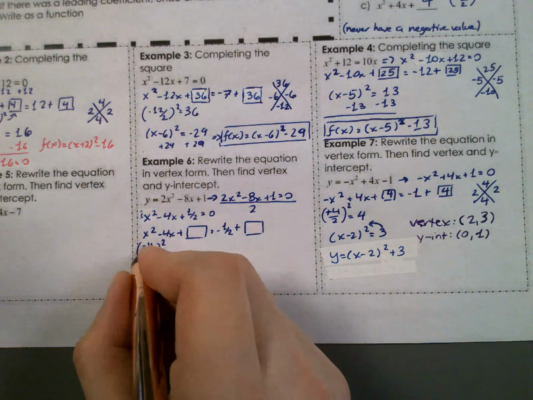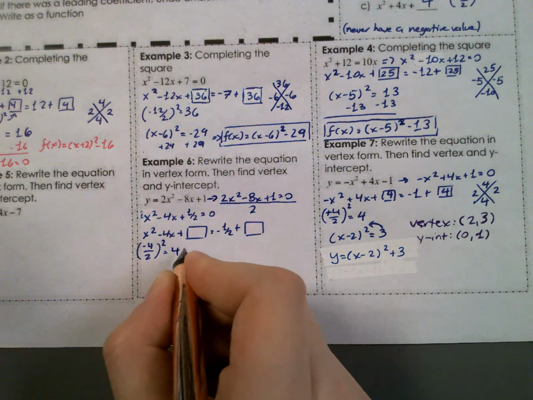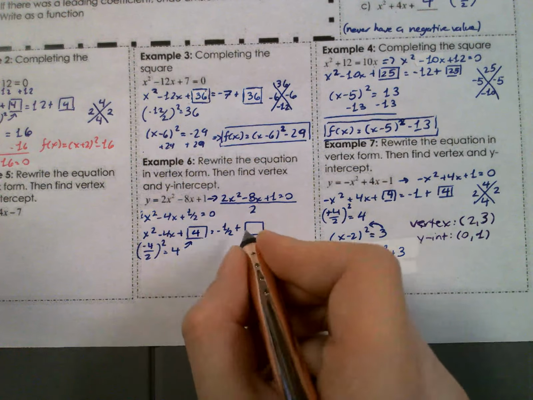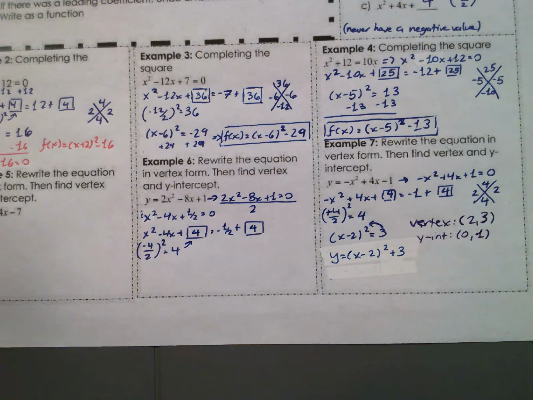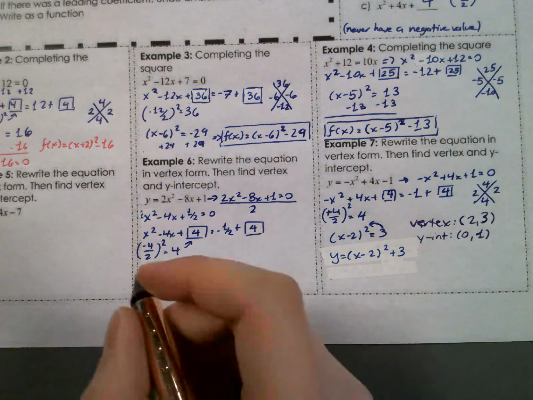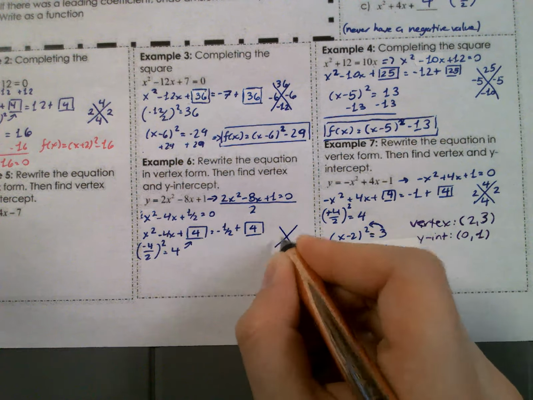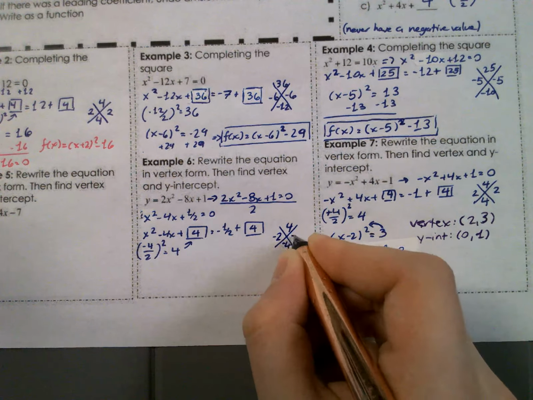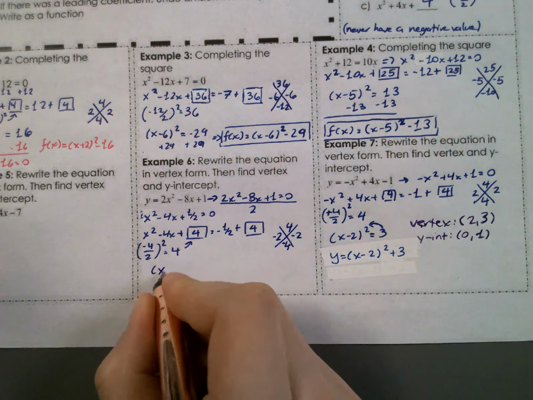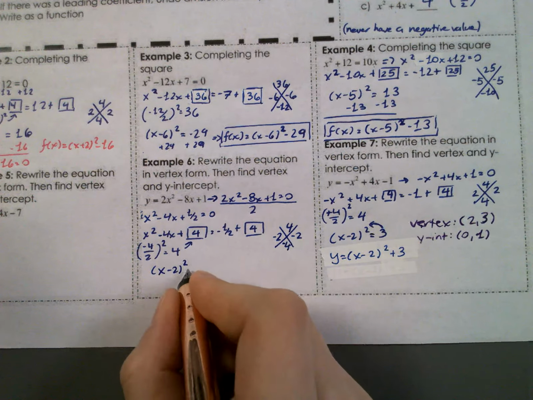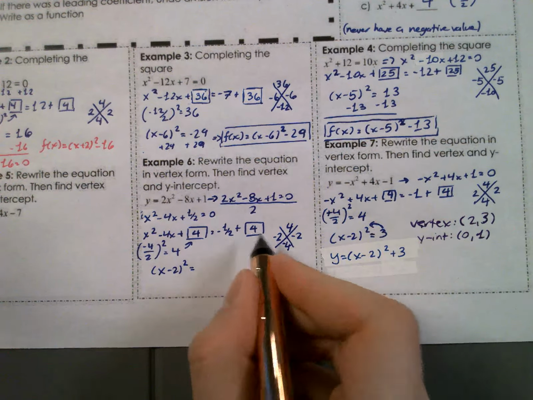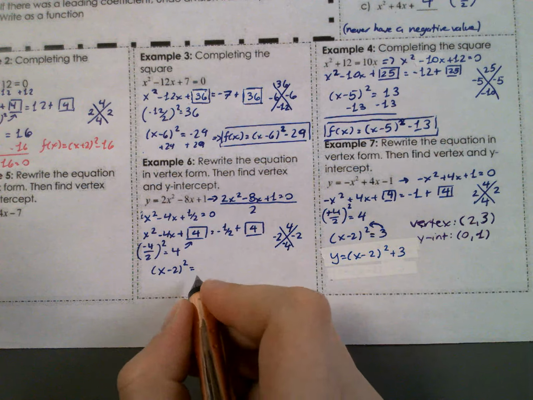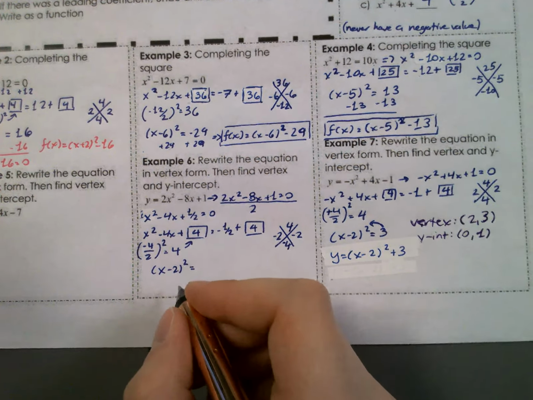Plug them in, put 4 here. So from there, I need 2 terms that multiply together to give me 4 and add together to give me negative 4. They're going to be negative 2 and negative 2. So I have (x minus 2) squared equals 1/2 plus 4, which is going to give me 9/2, right?